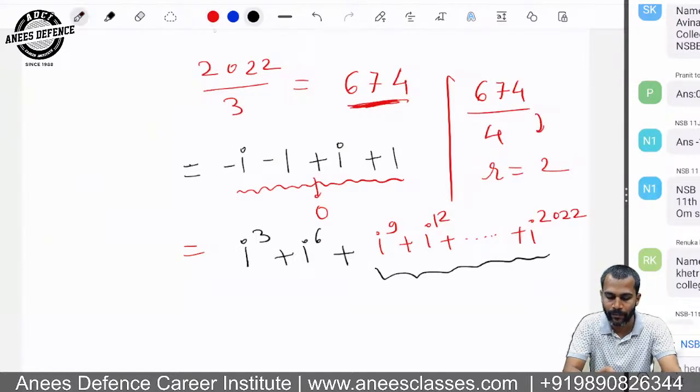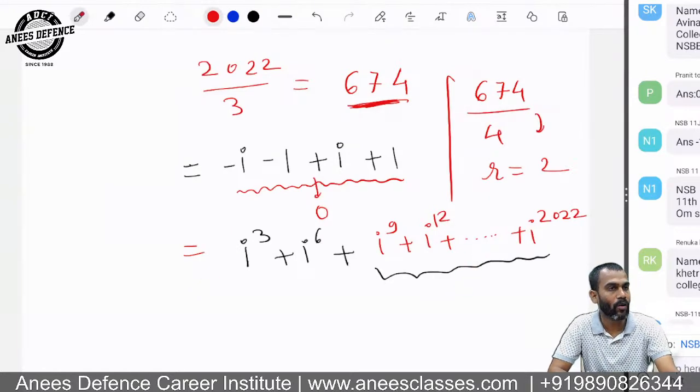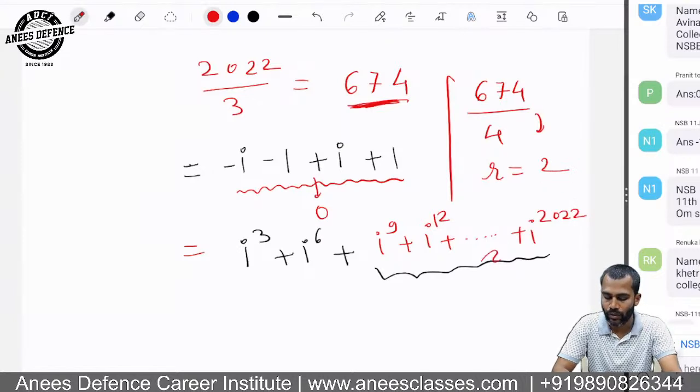Total terms were 674, and since the remainder was 2, I have taken 2 terms aside. So how many terms are left? 672 terms are here.